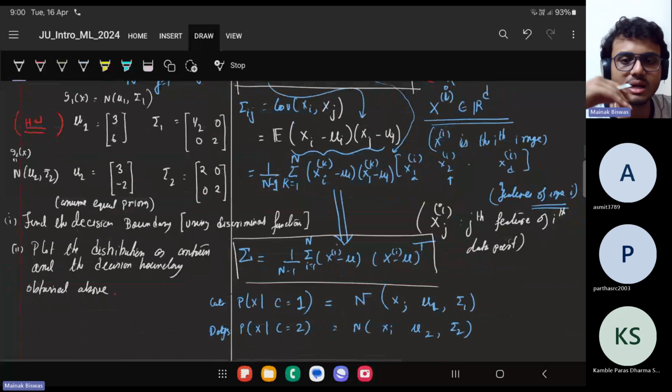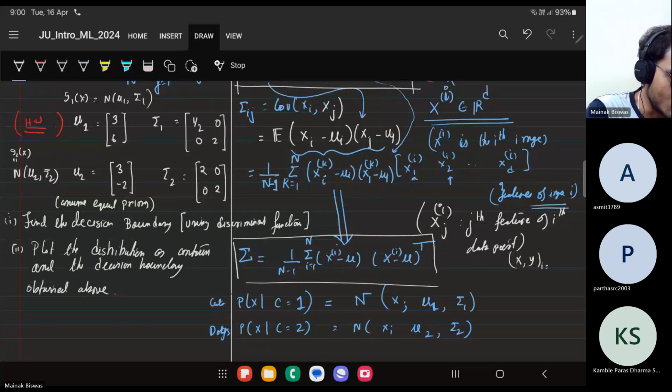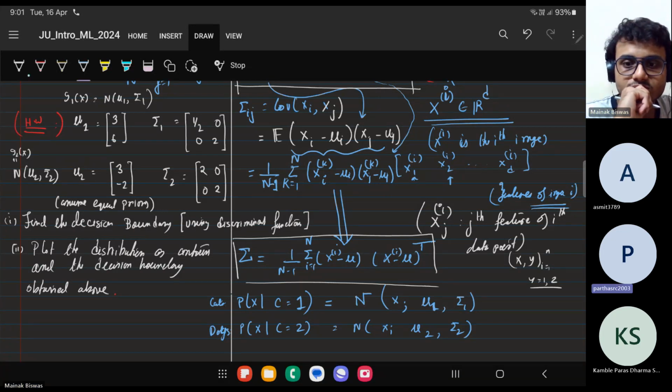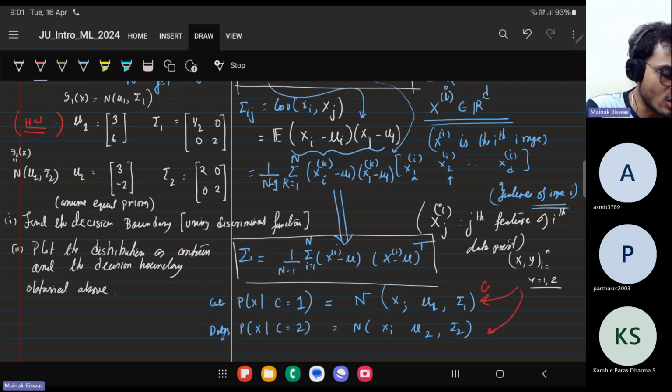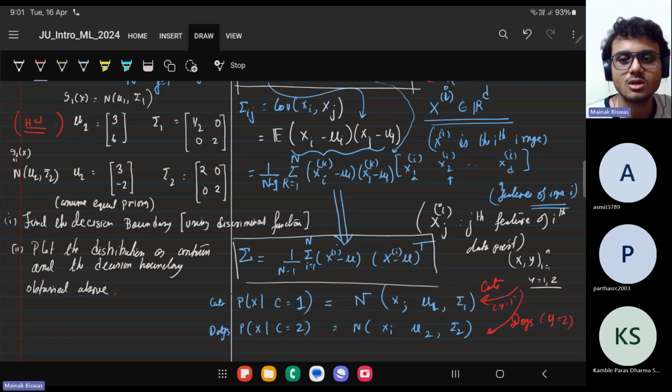In my data, it will be jumbled up, and my data will be x comma y pairs, right? Y can be 1 and 2, anything. But how will I get mu1 just for cats and just for dogs separately? I'll separate out all the samples which belong to class one and all the samples which belong to class two. Only cats will be sent here and dogs will be sent here. Cats and dogs will separately be used to compute the class conditional densities.